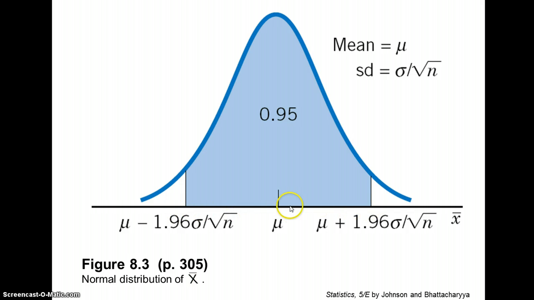That means if we add this error margin to mu, you will get this upper point. If you subtract the error margin from mu, you get the lower point.